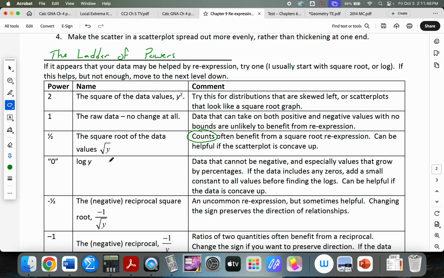Notice, because you can't take the log of a negative number, your y values have all got to be positive. If the data includes any zeros, one of the things you can do to kind of cheat this is add a small constant to all values before finding the logs. That way you're never taking the log of 0. This can help if the data is concave up. That meaning if it looks kind of like that.